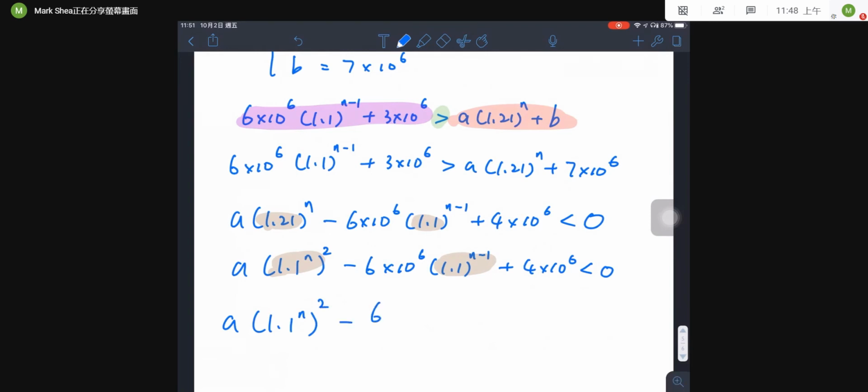And for the second term, I should write the coefficient as 6 times 10 to the power 6 over 1.1. So we have this inequality.